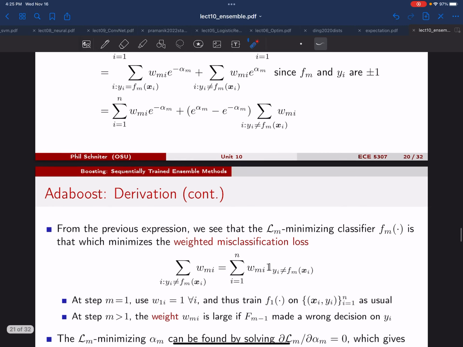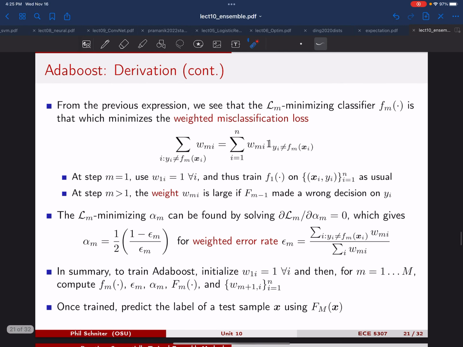When you do that, you find that the optimal alpha takes this form, where epsilon can be interpreted as a weighted error rate. If these w's were 1, the numerator would count the number of places you made a mistake, and the denominator would be the total number of samples. But here we're using weights, so instead of a regular error rate, it's a weighted error rate. So that's basically how you can set alpha.